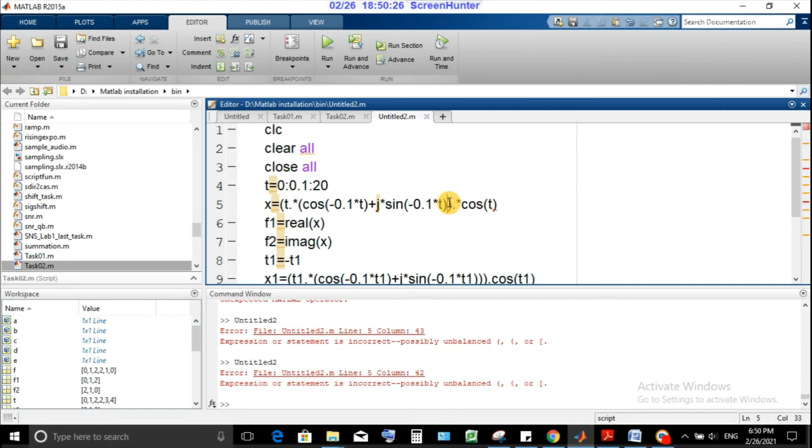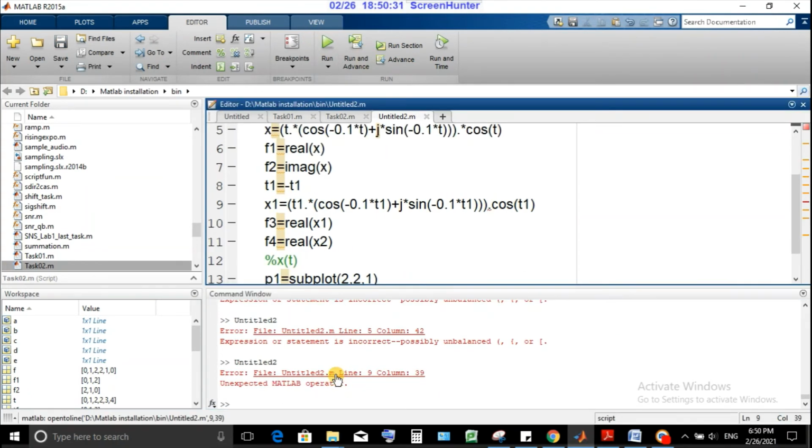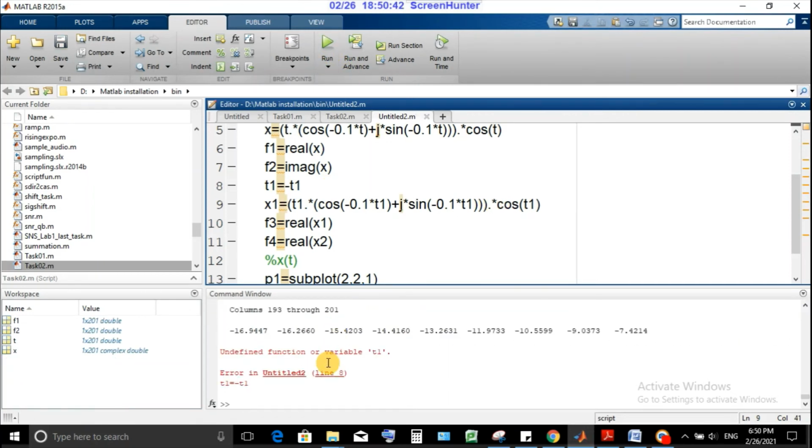Here we have to insert another bracket, and the multiplying operator. Here we were using t1 for minus t, and x2, we can see it x1.